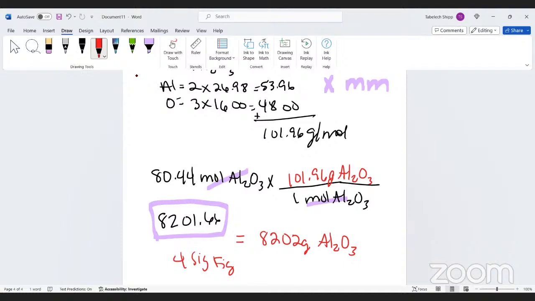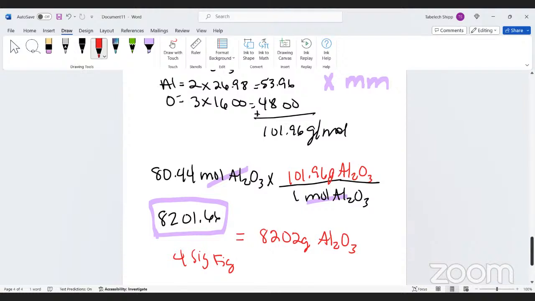So I know sometimes the answer will be in scientific notation. How does that work? Okay, so here's the thing. If the answer is given to you like this, 8,202, that typically doesn't warrant a scientific notation. But if you had to put the answer in scientific notation, let me show you what you would do for that.